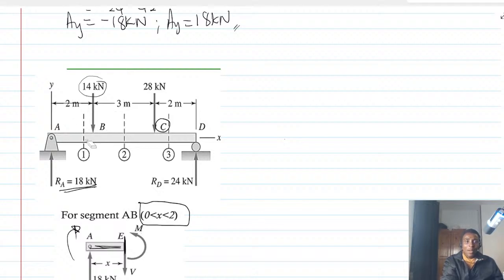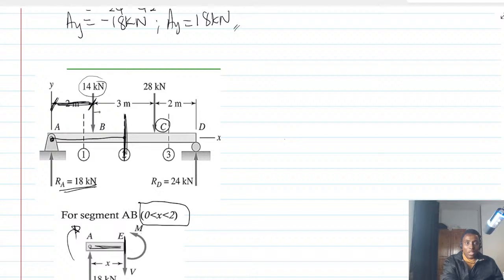So basically, think about it as this. Starting all the way from where you have cut, from the origin all the way to this point. Okay. And let's call that x. So now we know that from here to here is what? 2.